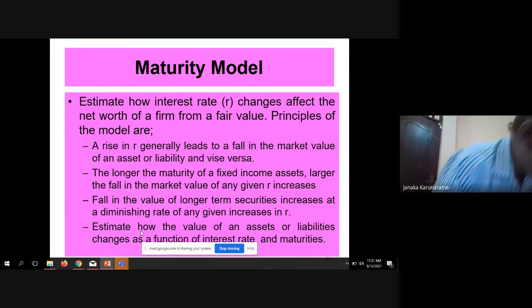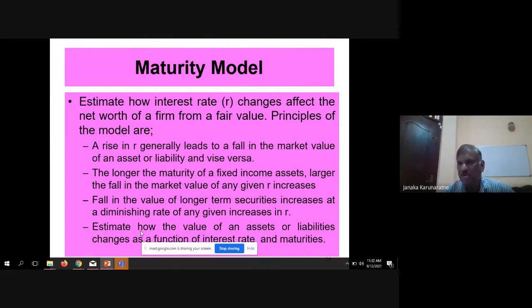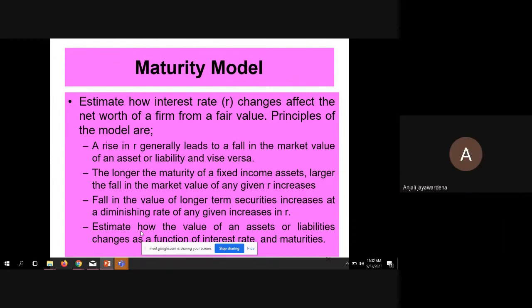Can someone tell? Asset is rate sensitive and FD is not rate sensitive. Okay, let me ask a question. Why do you say asset is rate sensitive? Because coupon is paid every 6 months.